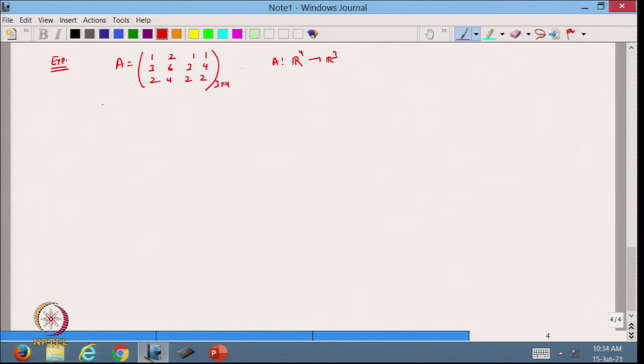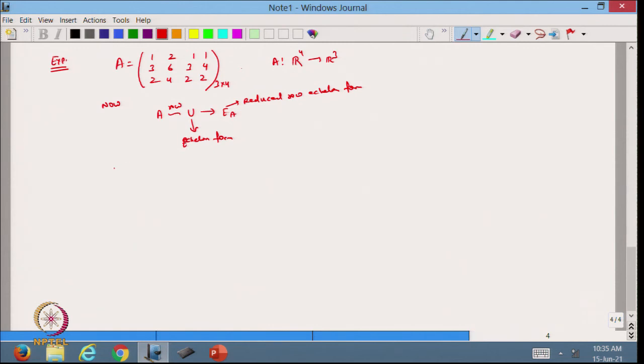Now I will convert A into the row echelon form. So first I will convert this into the row echelon form, and then from this one I will convert to EA, that is the reduced row echelon form.